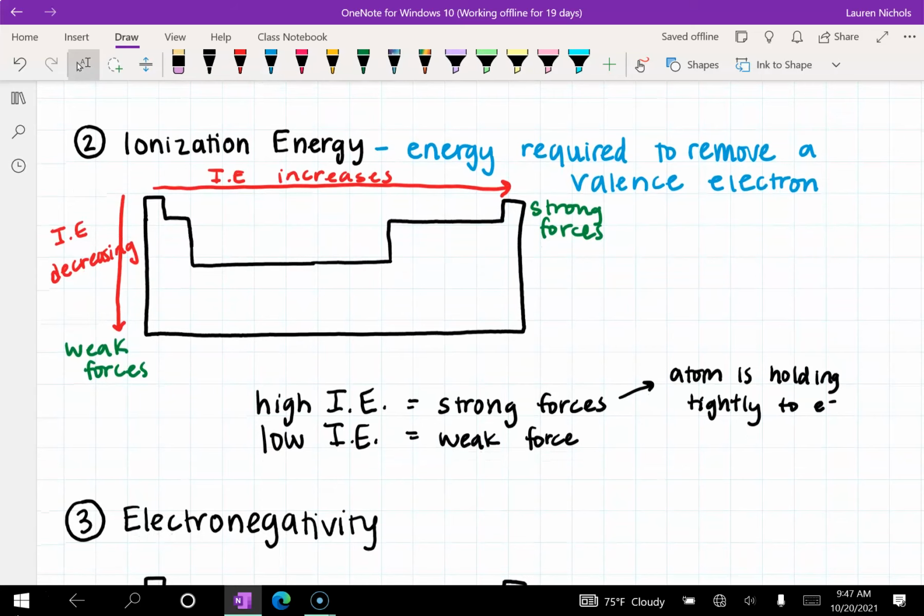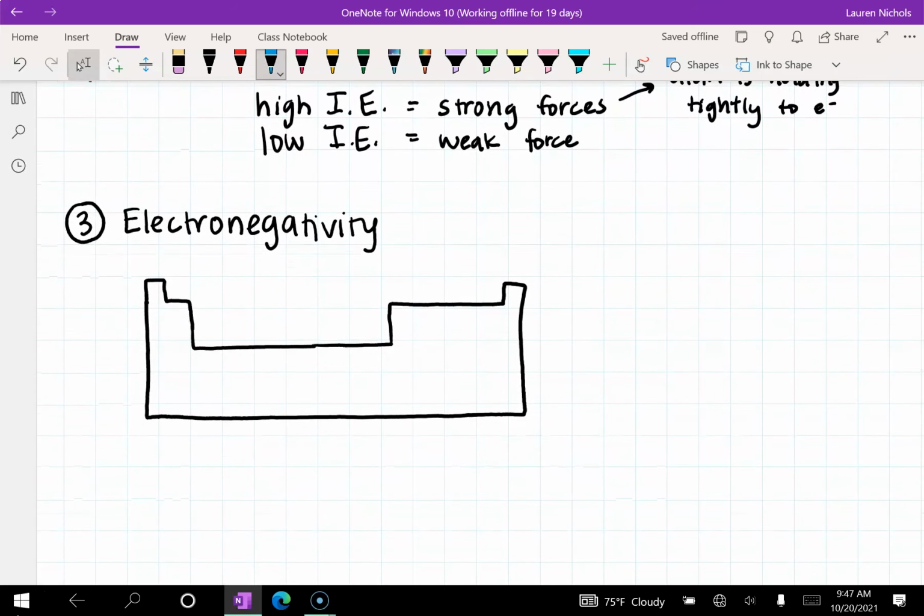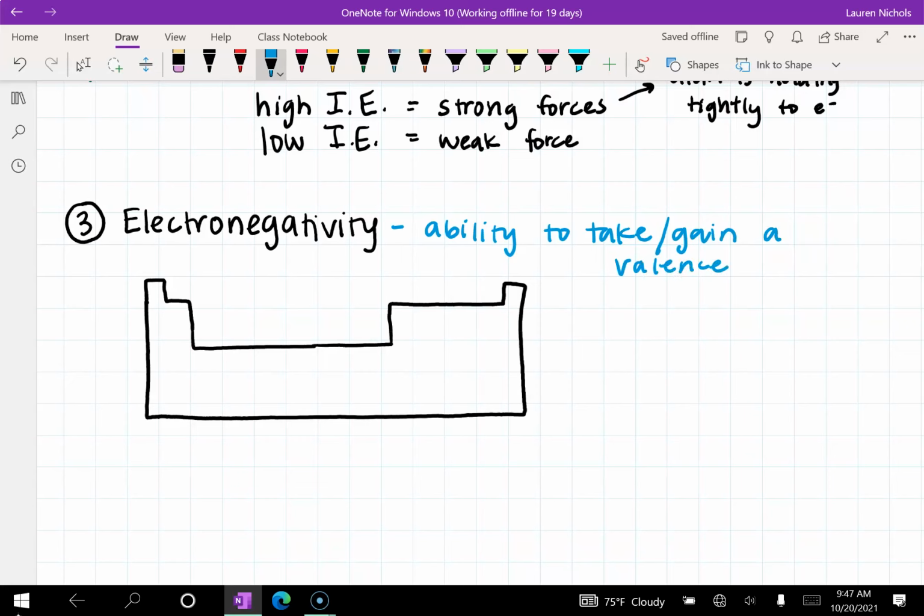Let's look at electronegativity. Electronegativity is the ability to take or gain a valence electron. Now, if I'm trying to take or gain something, I probably want to have strong forces.